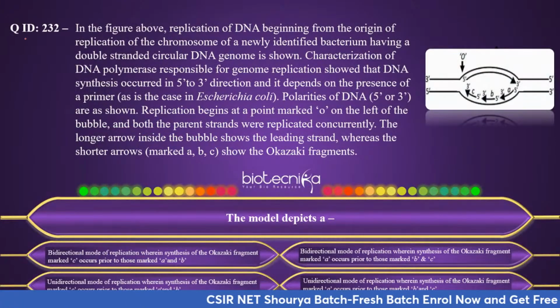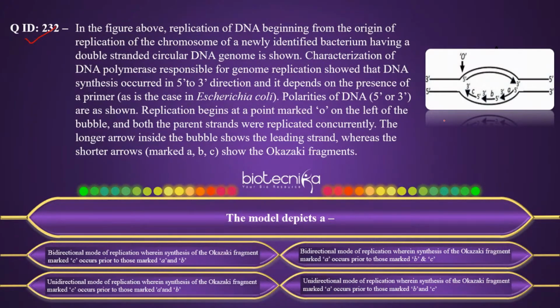So coming to question ID 232. Here is a figure. In this figure, it is given that the replication of the DNA beginning from the origin of replication of the chromosome of a newly identified bacterium having a double-stranded circular DNA genome is shown, right?